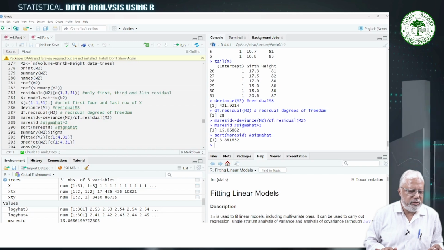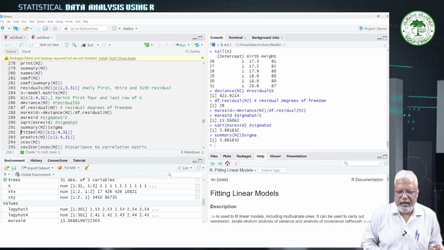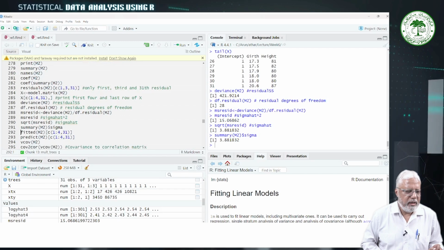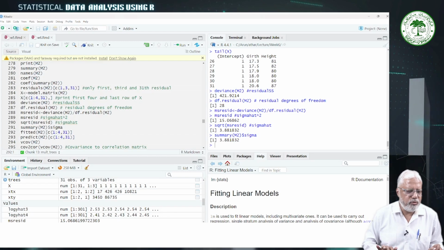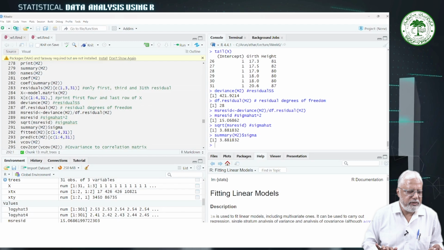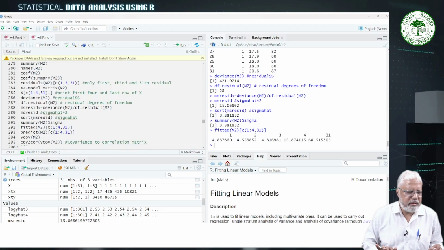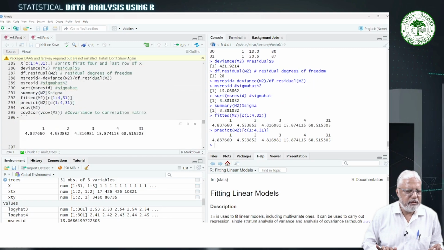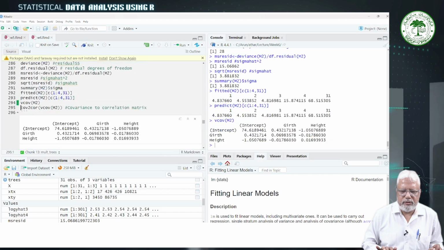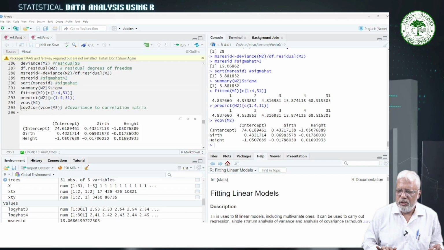Then summary M2 sigma is the same as summary M2 sigma hat. And then to get fitted values, I am just reporting first 4 and 31st fitted values. Here predict is the same as fitted, and then variance covariance matrix of beta naught, beta 1, beta 2.